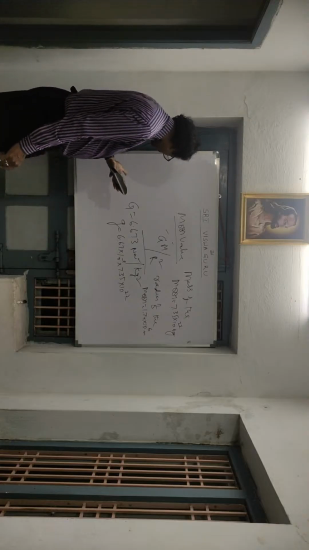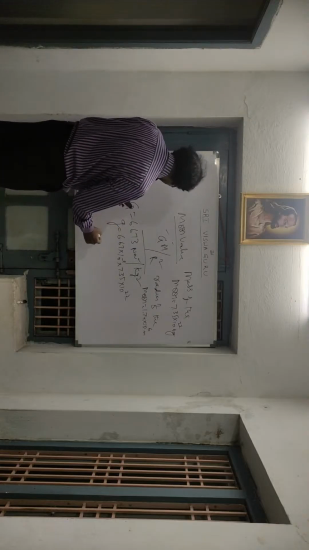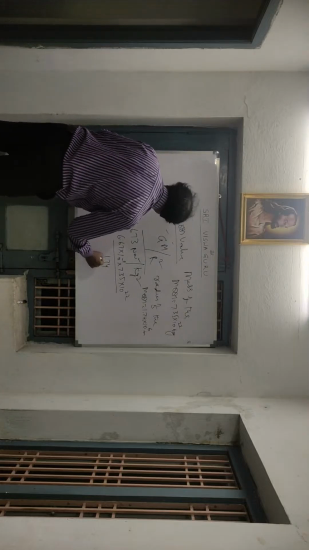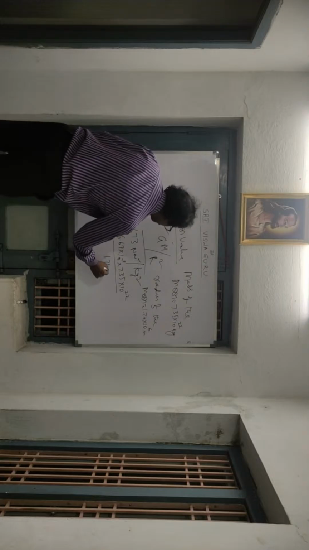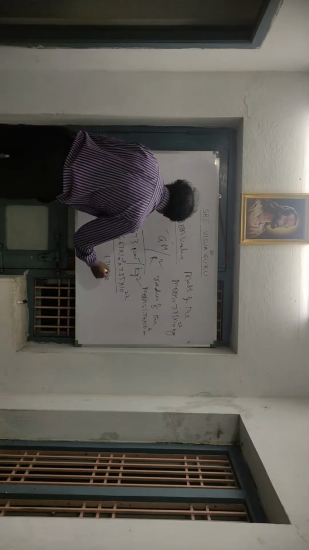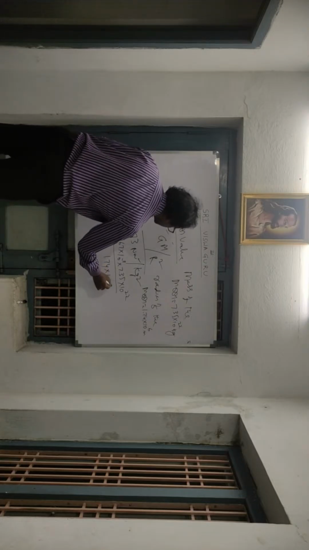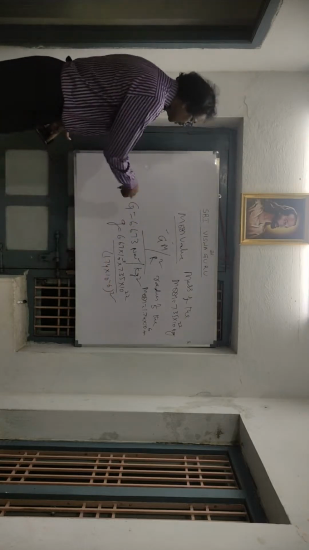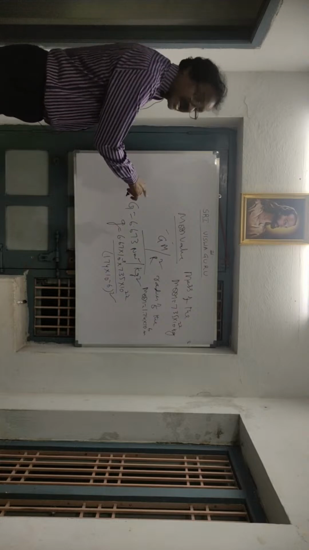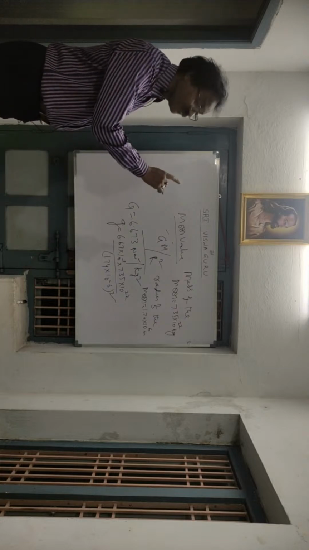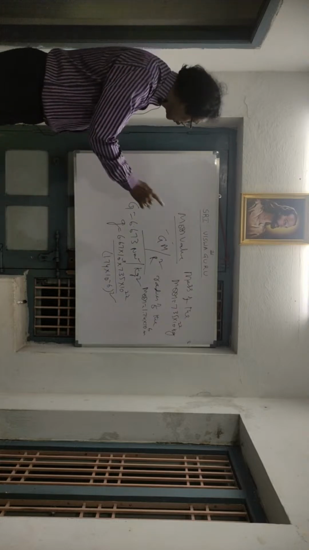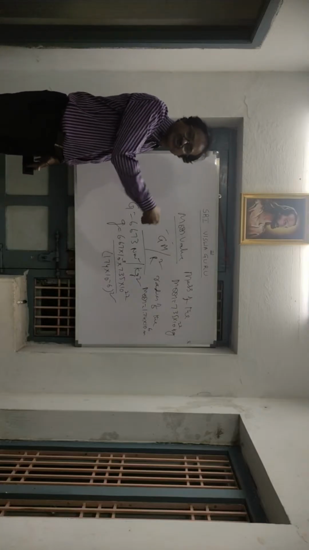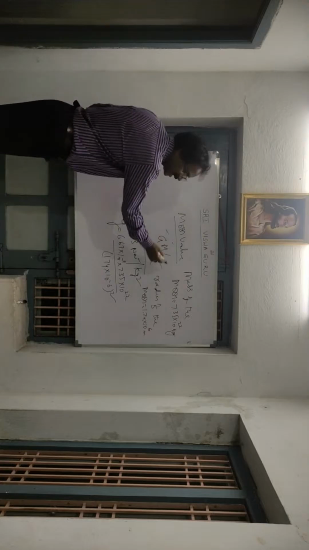Then r square, whole by 1.74 into 10 to the power of 6 whole square. So g is equal to 6.67 into 10 to the power of minus 11 into 7.35 into 10 to the power of 22 by 1.74 into 10 to the power of 6 whole square, according to GM by r square.